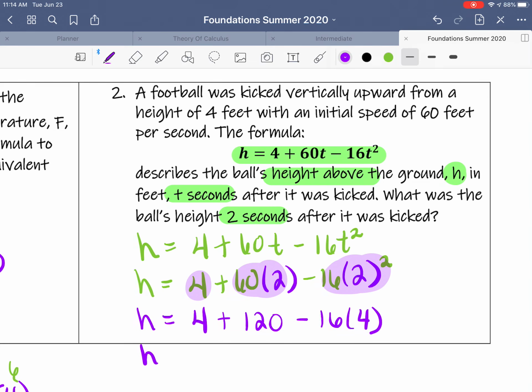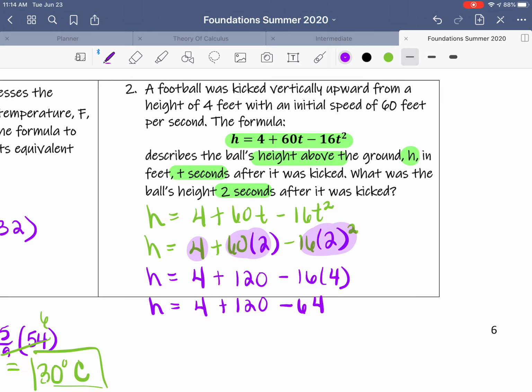I got to keep simplifying. And then now I can subtract, add and subtract. And that is 60 feet.